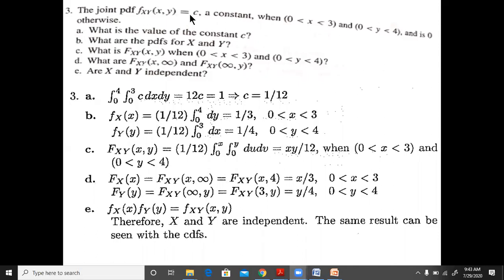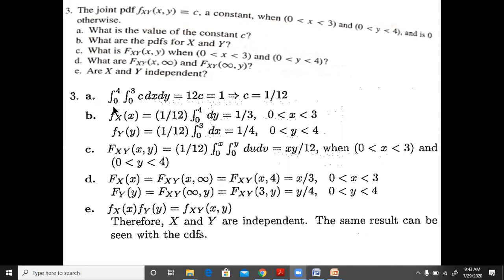So the total area under the curve, because it's a joint probability, will be a double integral. Total area under the curve will be the double integral 0 to 3 for x and 0 to 4 for y.